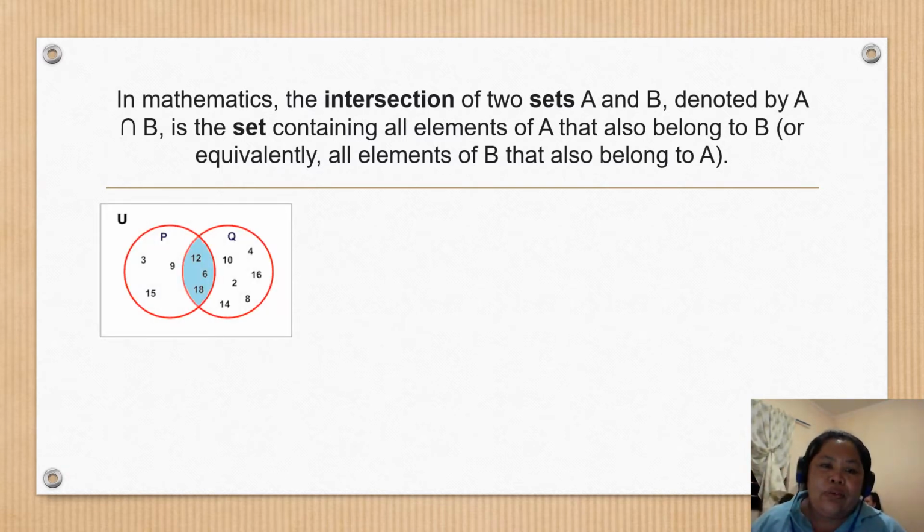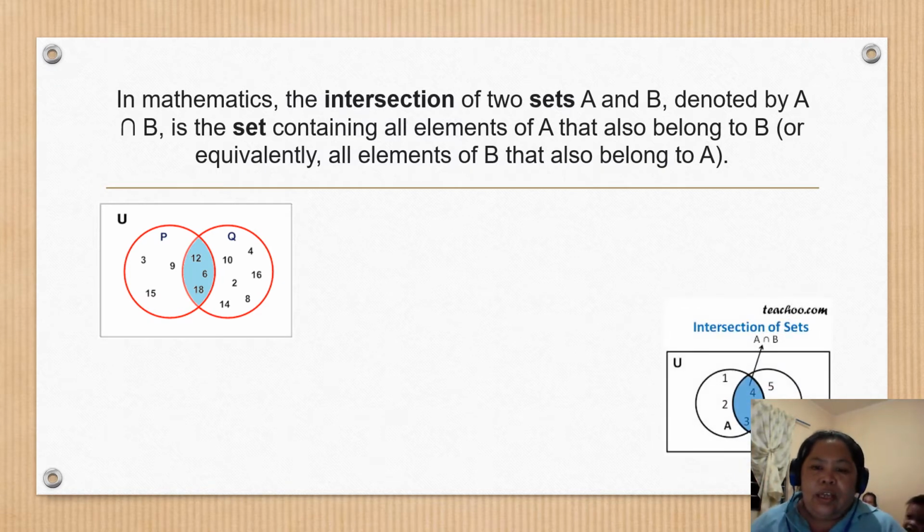Example, we have here a universal set with set P and Q. And also we have another example.